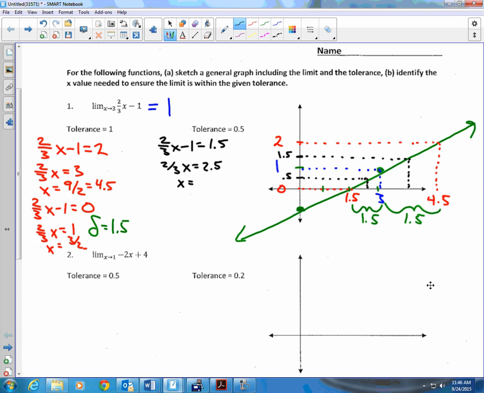So it would be 7.5 over 2, so 3.75. So this spot right there is 3.75. And then 2/3 x minus 1 is equal to 0.5, we get 2/3 x is equal to 1.5, x is equal to 2.25.